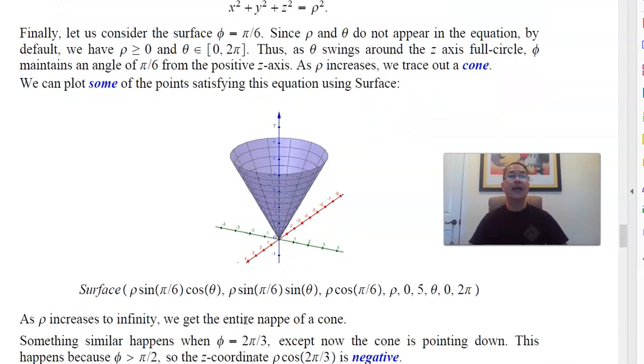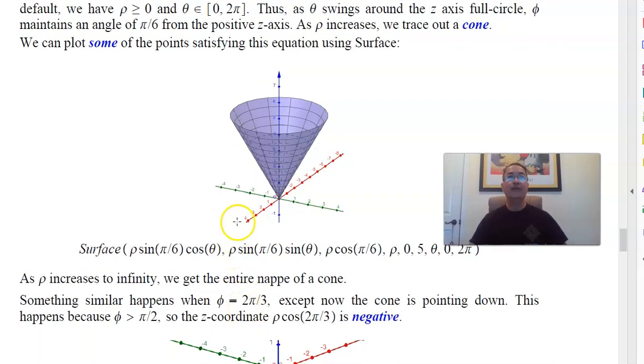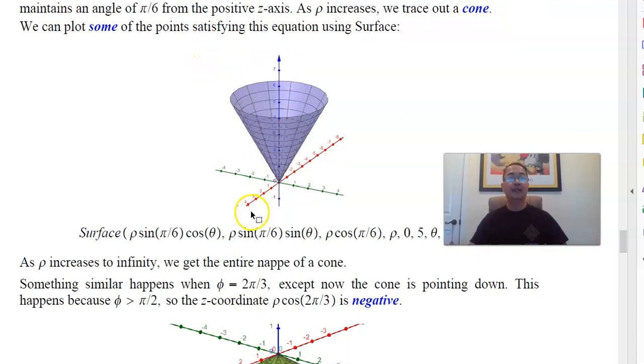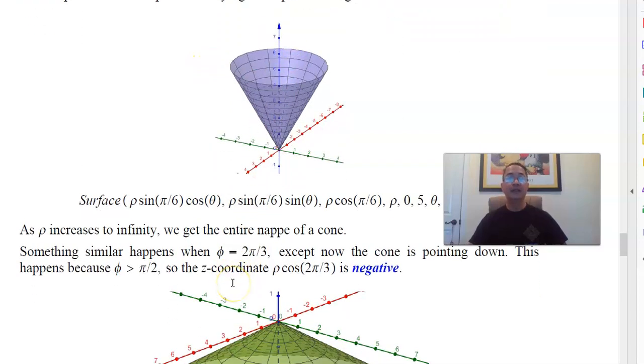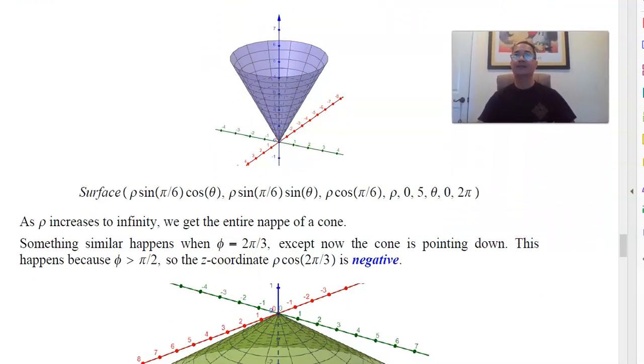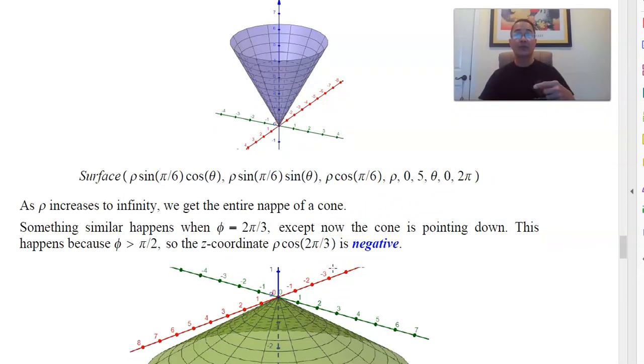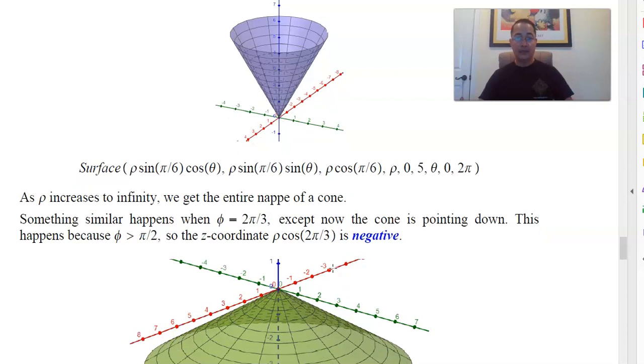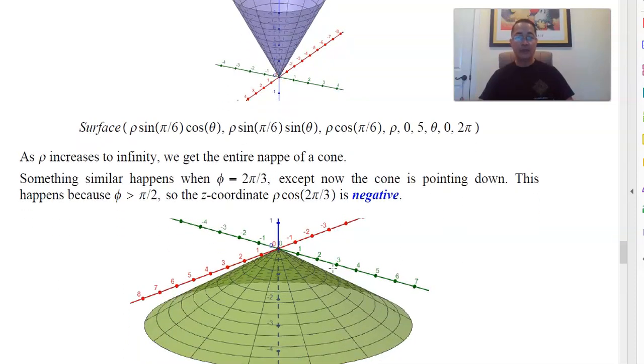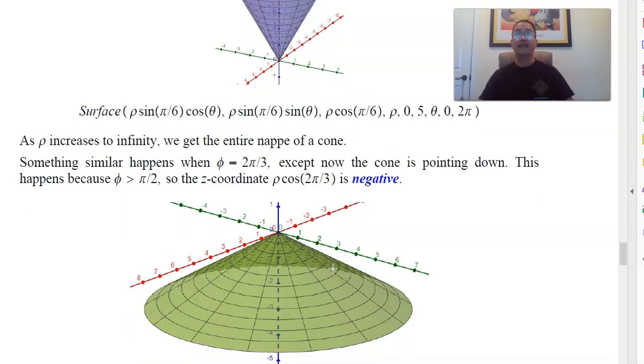Now what is going to happen if we have a different value for phi? How about 2 pi over 3? This time the angle is obtuse, and so the z-coordinates that we get are going to be negative, because cosine of 2 pi over 3 is going to be negative 1/2.